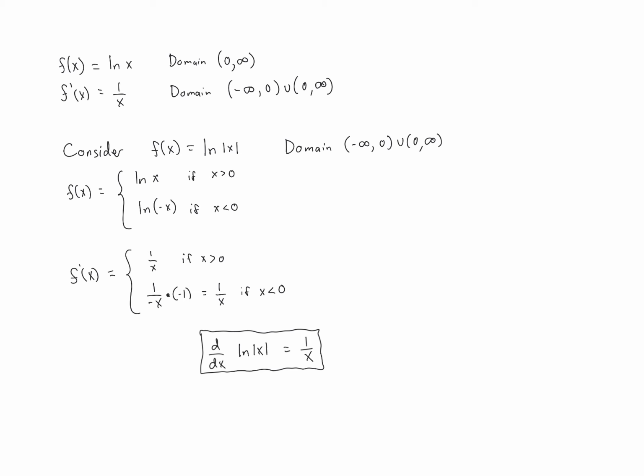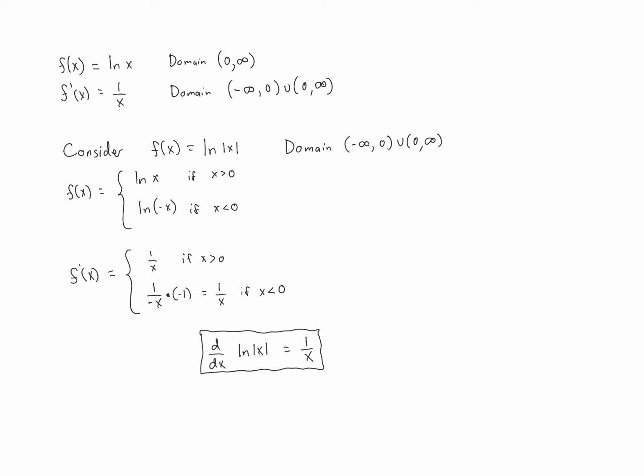And so if we are given 1 over x, and that's the derivative of something, we know that the antiderivative, or the function that derivative came from, is not just going to be ln of x, because that's only valid on half of the domain. It's going to be ln of the absolute value of x.